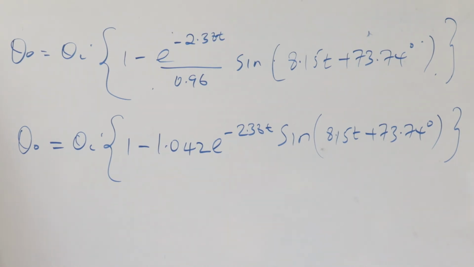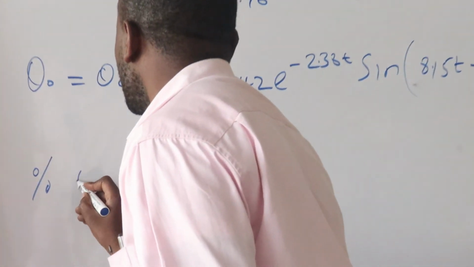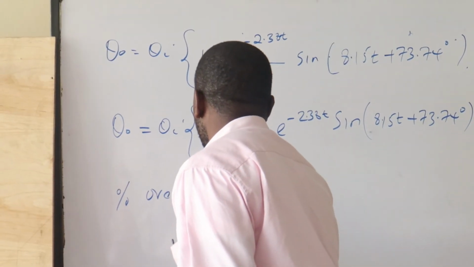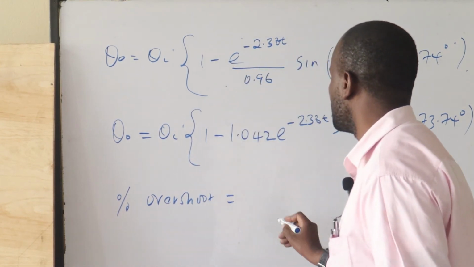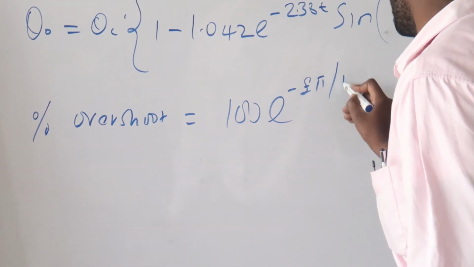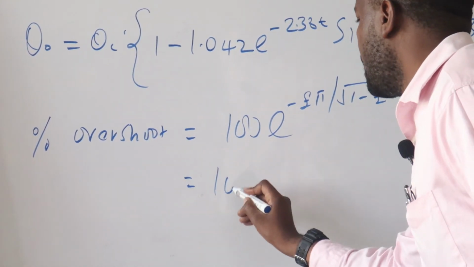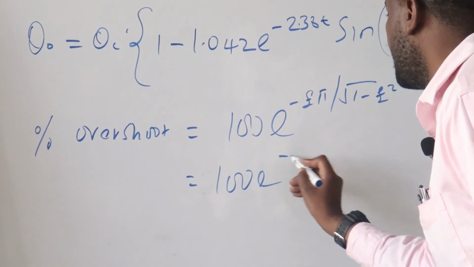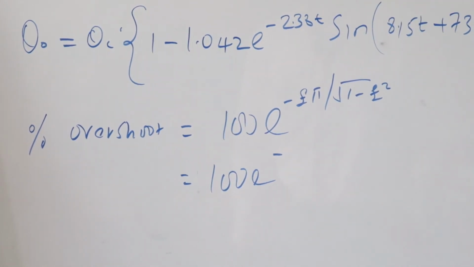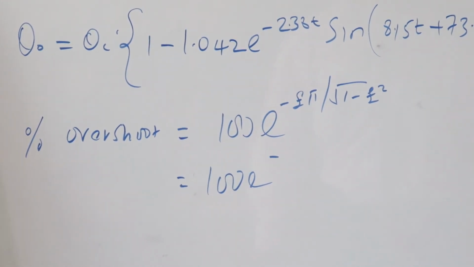The second part, we were asked about the percentage overshoot. So we were supposed to get the percentage overshoot. And from there, we have said that it is 100 e^(-zeta pi / root of 1 minus zeta squared), which is 100 e raised to the power negative zeta pi, not theta but zeta.